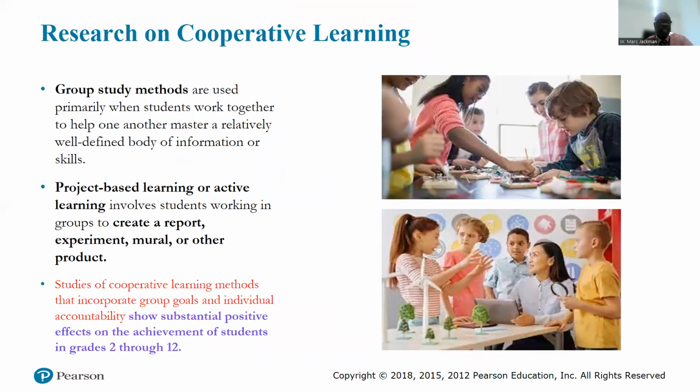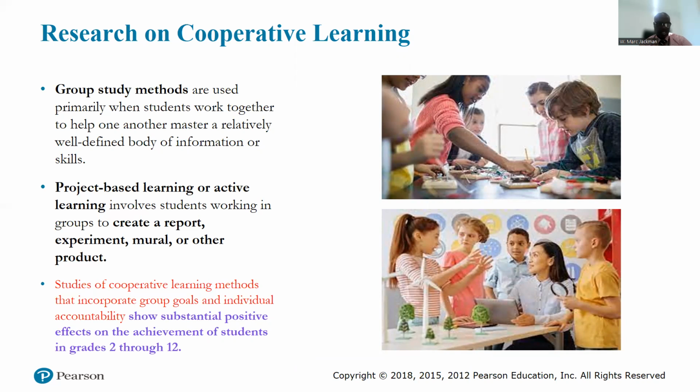Research on cooperative learning. Group study methods are primarily used when students work together to help one another master a relatively well-defined body of information. So they can use a project-based learning approach or active learning, where they are involved in creating a report together, doing some sort of experiment, gathering information, doing a mural or some other major project where the individual members of the group all contribute to the same outcome.